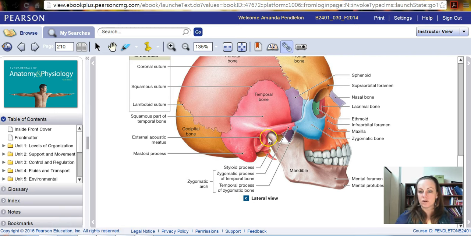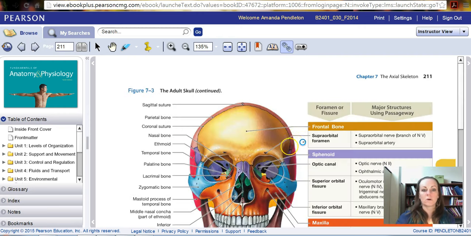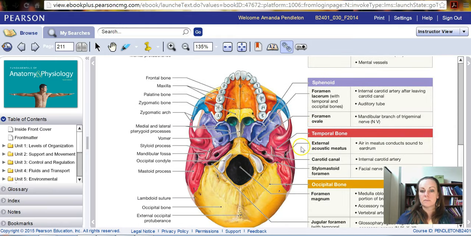And hopefully you should know after going through the videos that this is the mandibular condyle, or some texts call it the condylar process, and that it sits in the mandibular fossa of the temporal bone, which we can see the mandibular fossa right in this area. Okay, yes, here we go, mandibular fossa right there.